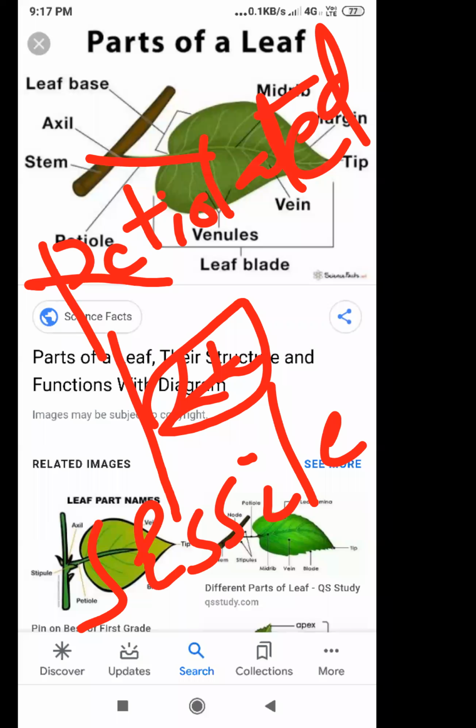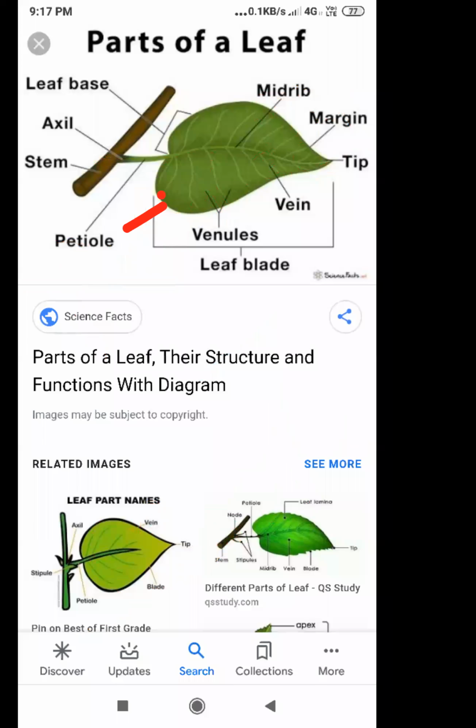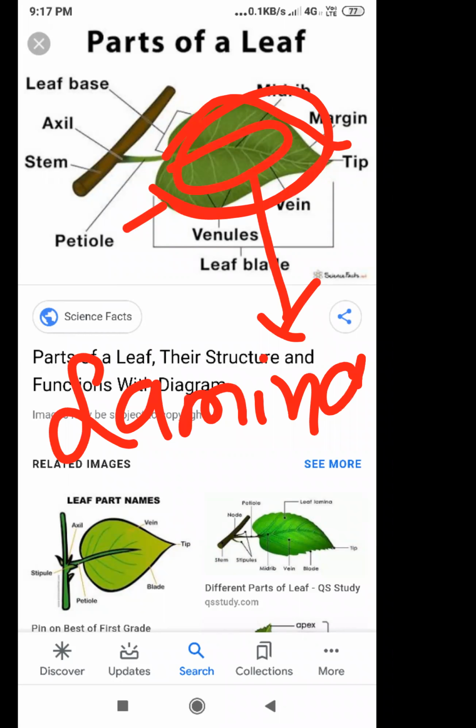Next we will see the parts of the leaf. It has the lamina. This one entire structure is called lamina. Lamina is also called leaf blade.